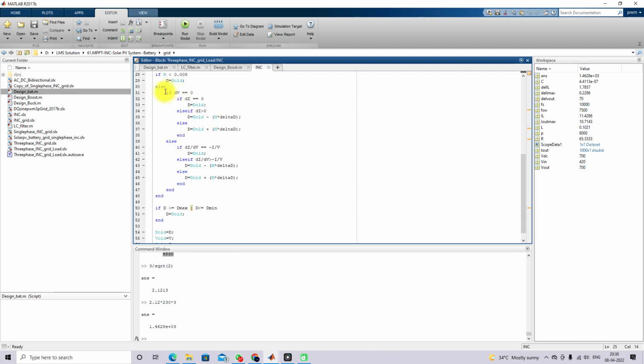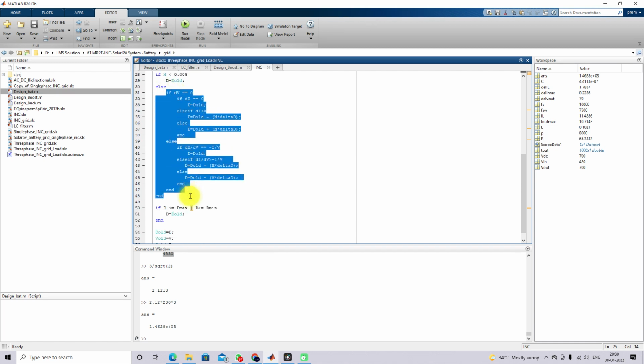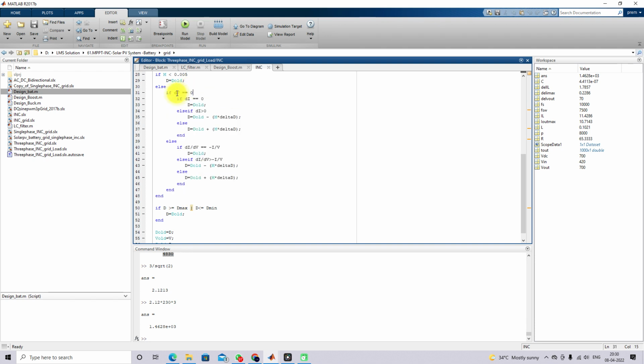Here we apply the incremental conductance MPPT concept. We compare whether the change in voltage is equal to 0 or not. If it is 0, then you check whether the change in current is equal to 0 or not. If both conditions are true, that means the PV is already operating at the maximum power point, so you maintain the current duty cycle.